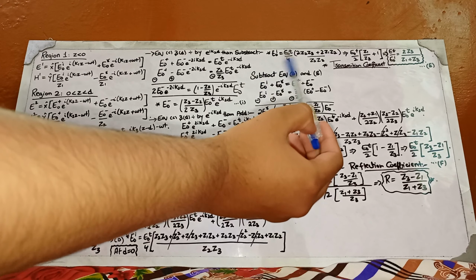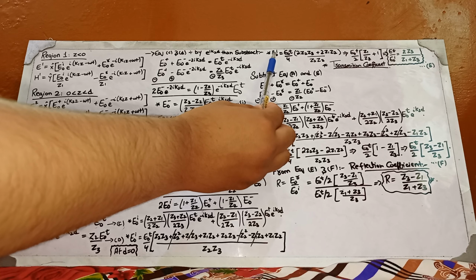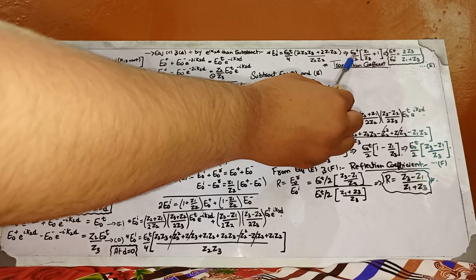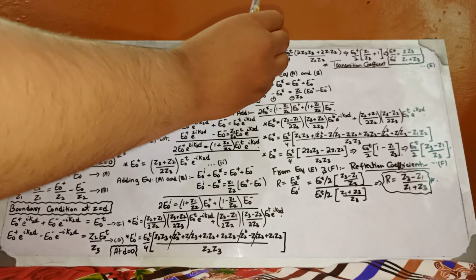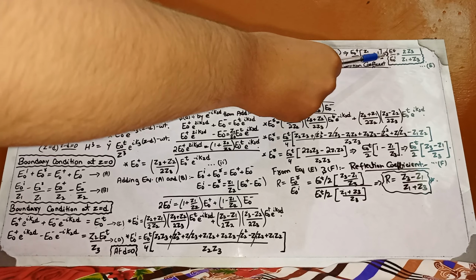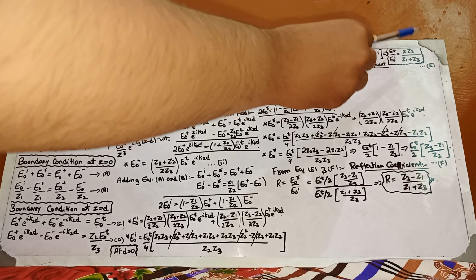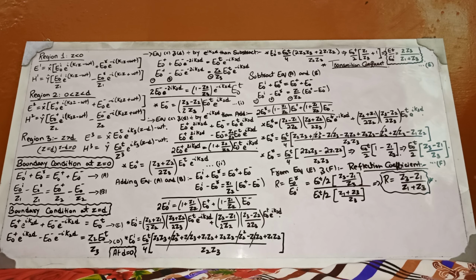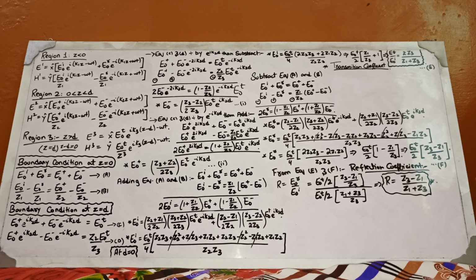So what we are going to do here is move this E naught I into the denominator of E naught T, and move 2 to the other side, and this also to the other side. After doing this, you will get your final relation: ET divided by E naught I equals 2Z3 divided by (Z1 plus Z3). Understood? So this is your final transmission coefficient.